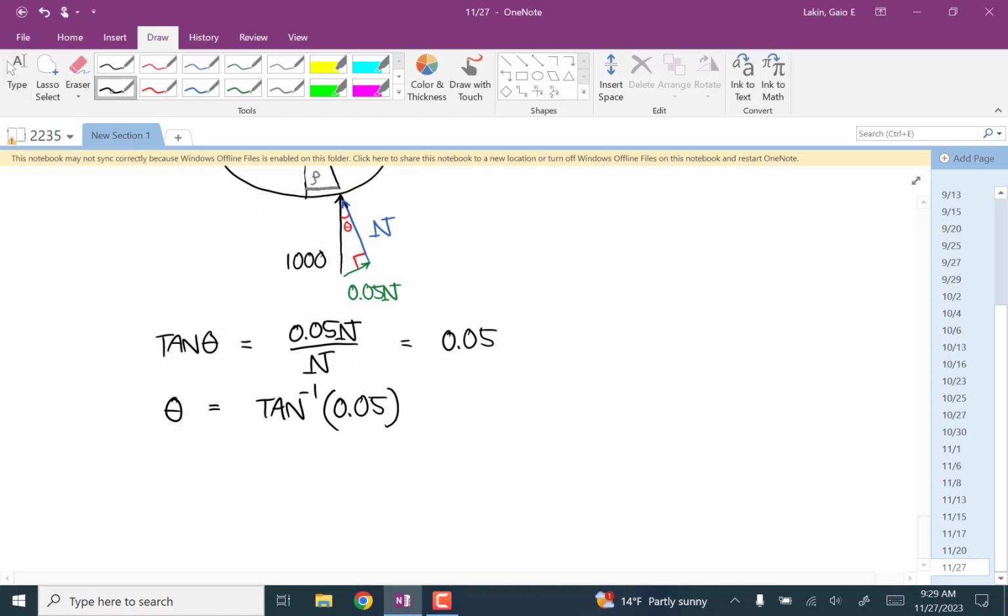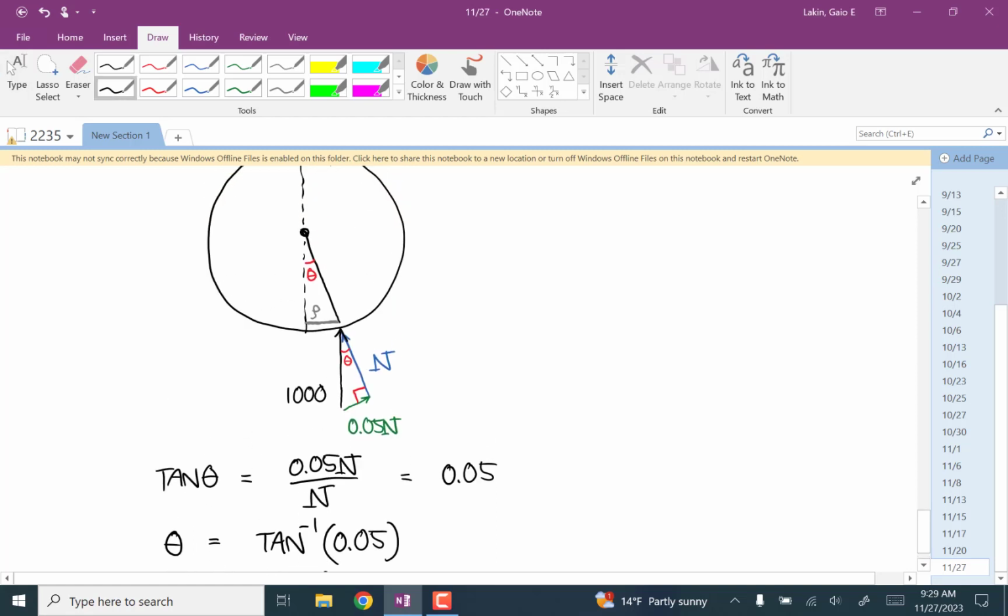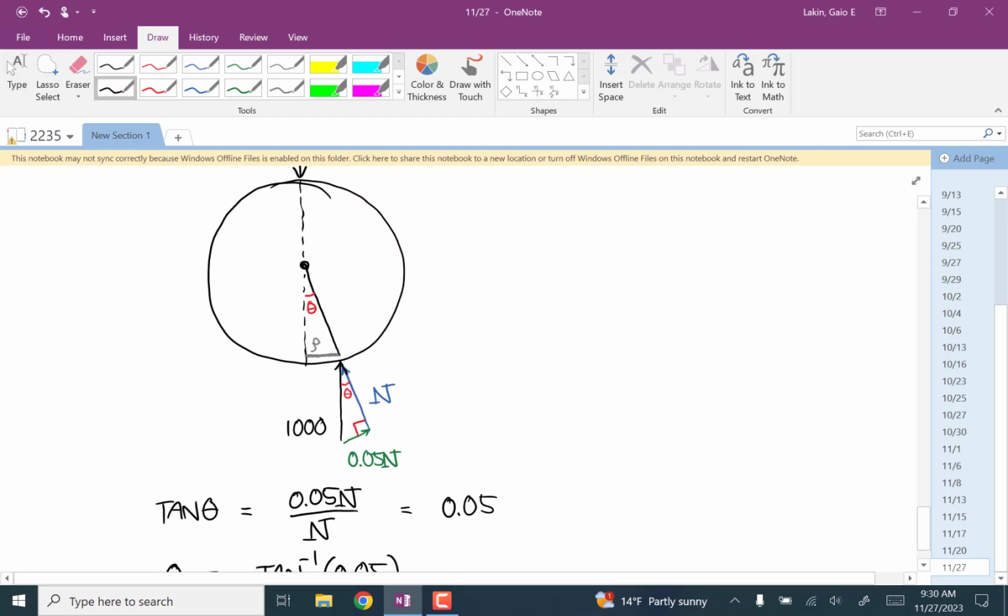Okay, so can somebody with a calculator calculate this inverse tangent? What do you get for that angle theta? 2.86 degrees. Yep. And so now the hypotenuse of the triangle on the axle is the radius.